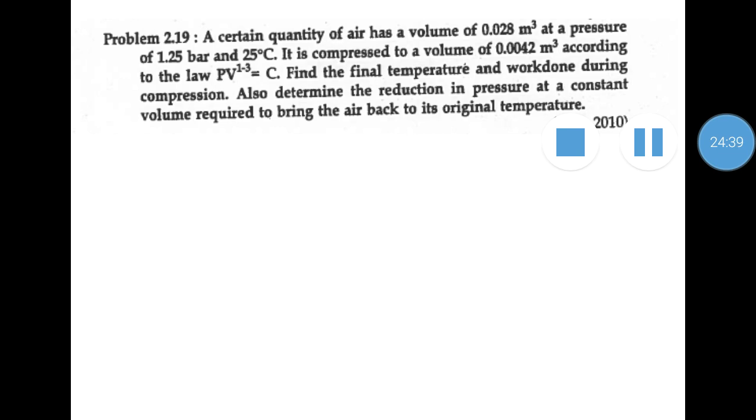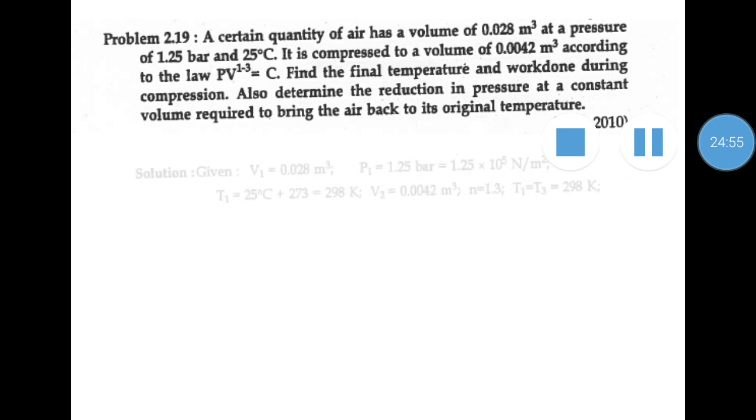Here first it is compressed according to the polytropic law PV raised to n equal to constant. Then again the air is brought back to its original temperature at constant volume, and during that we have to find the P3 value.